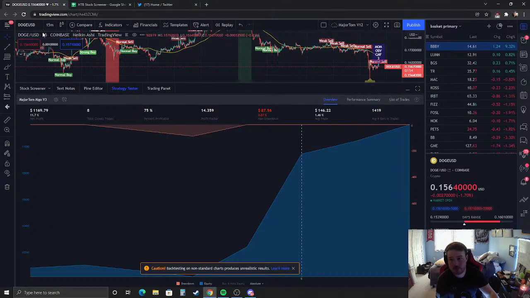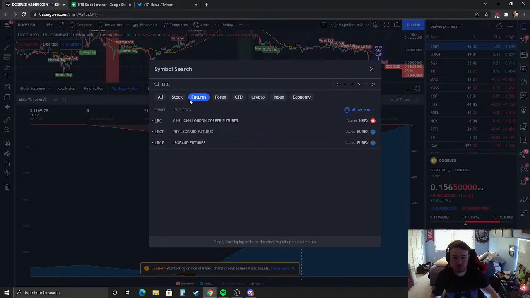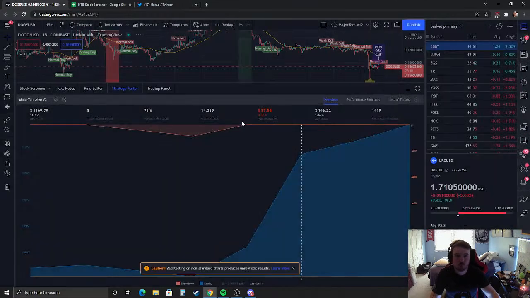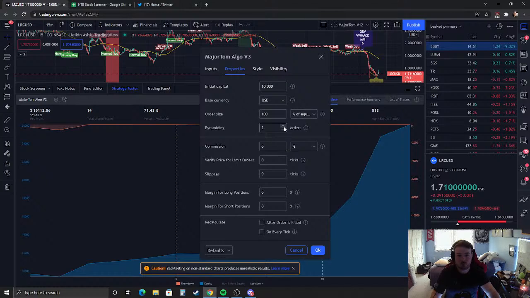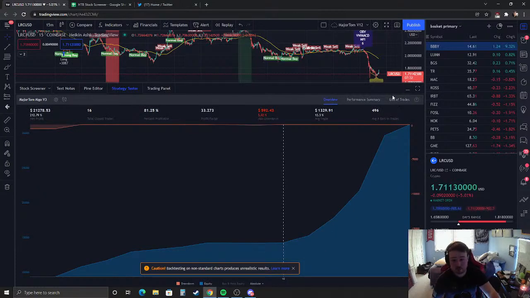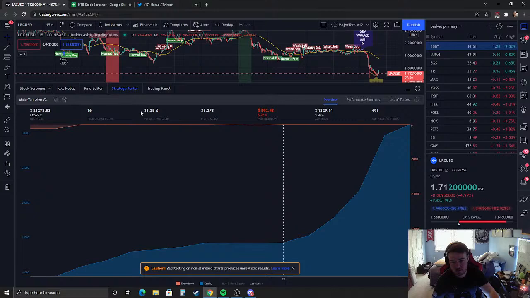Loopring, you want me to look at Loopring? Yeah, sure. If it peaks at 5, we got a 212% return, and it looks like it's 80% profitable out of 16 total trades.